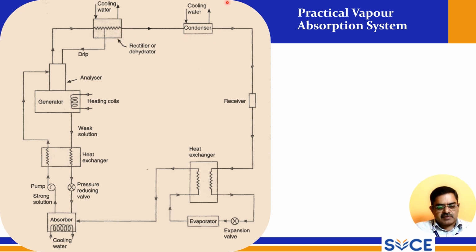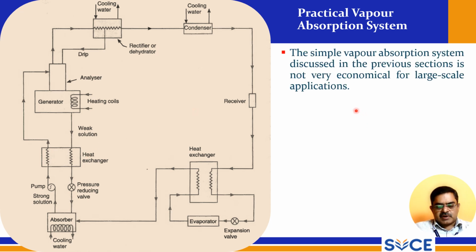So this is our practical refrigeration space, and cooling water is circulated here. From this we have the receiver, and then through the heat exchanger and expansion valve, the refrigerant reaches the evaporator. Again through the heat exchanger, it is sent back to the absorber. So this is a cyclic process, and each component we will see in detail.